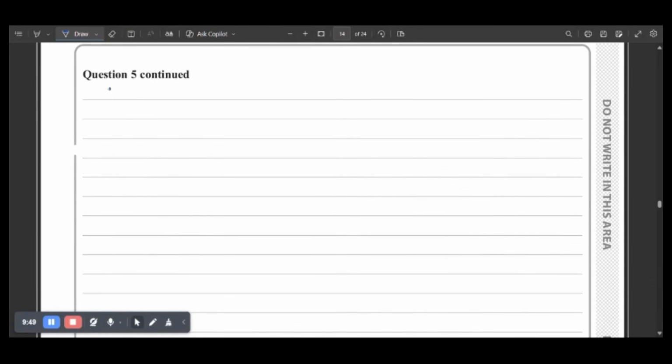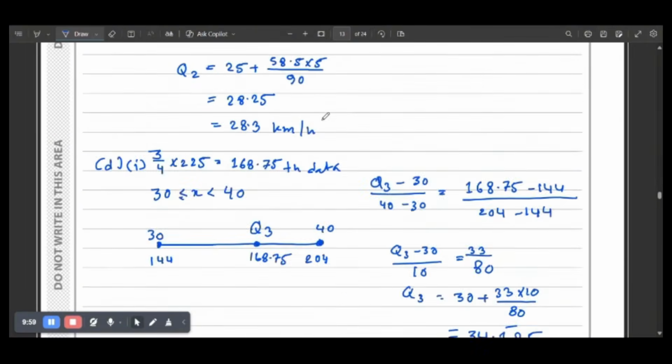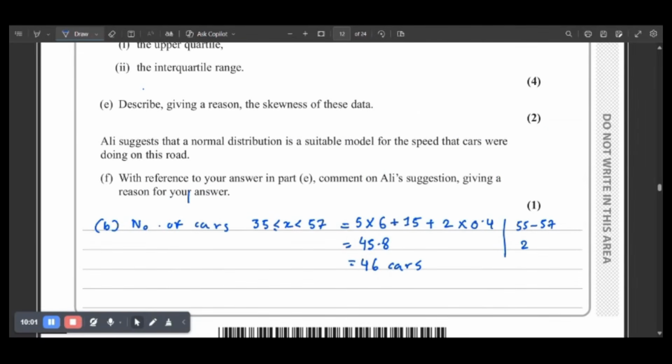For part F, we can write that it is not suitable. The reason is that a normal distribution is symmetric on both sides.